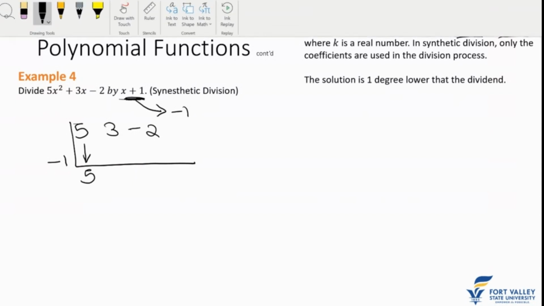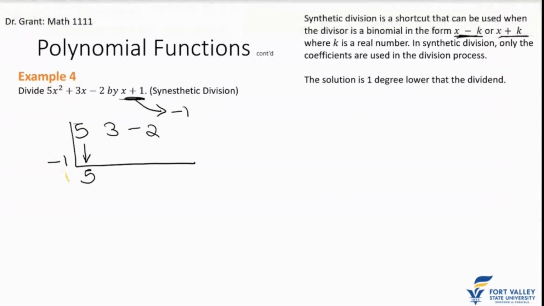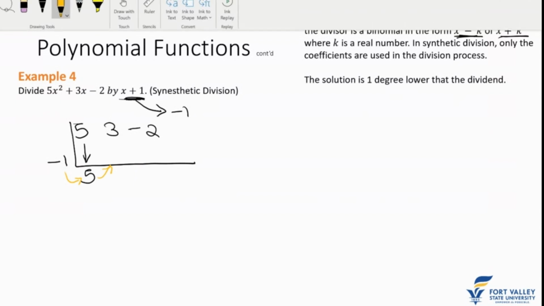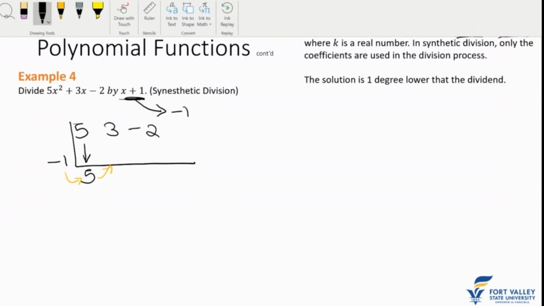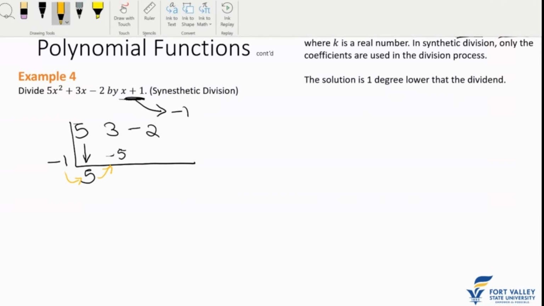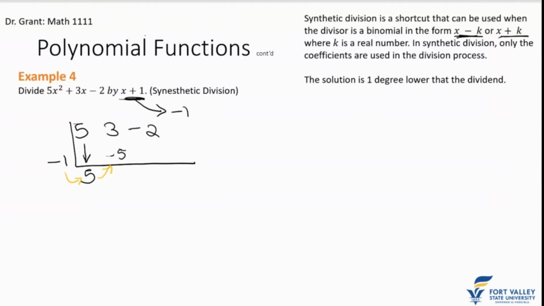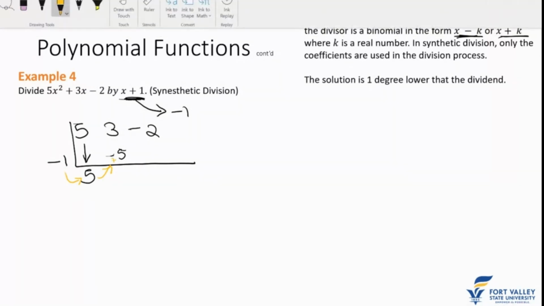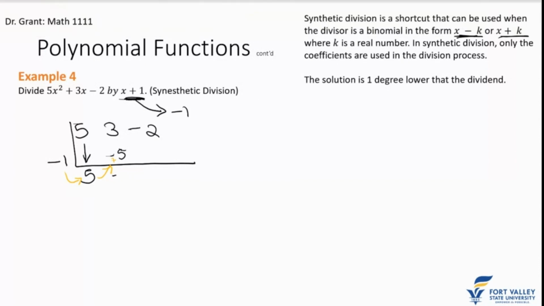And then what am I going to do next? Well, next I'm going to multiply -1 by 5. And I'm going to put that here. So this becomes -5. And then we add -5 plus 3. It's going to give us a -2.